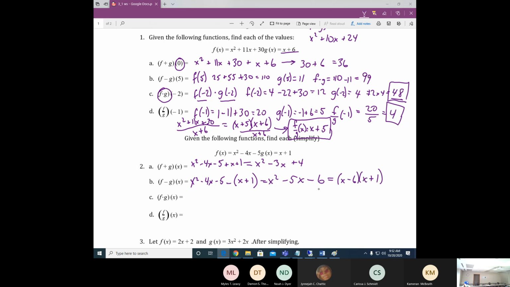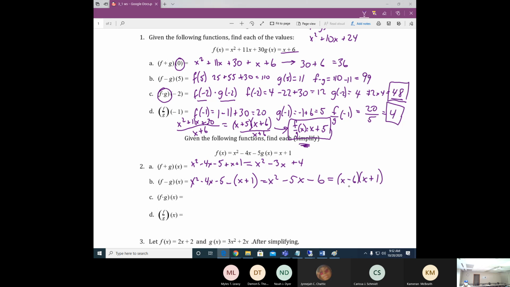Either answer here is okay because they didn't say factor it, they just said simplify. If they said factor if possible, then this would be the correct answer. And if I recognize the factoring, it's helpful sometimes. Why is factoring helpful?